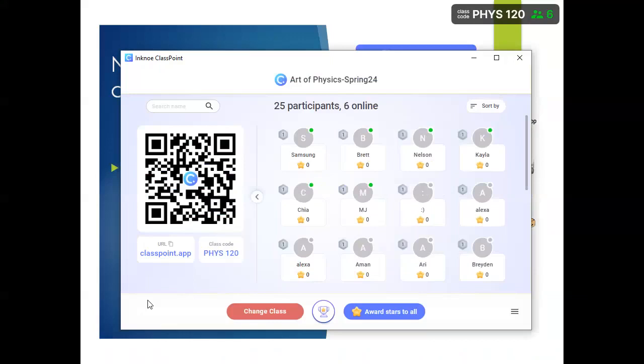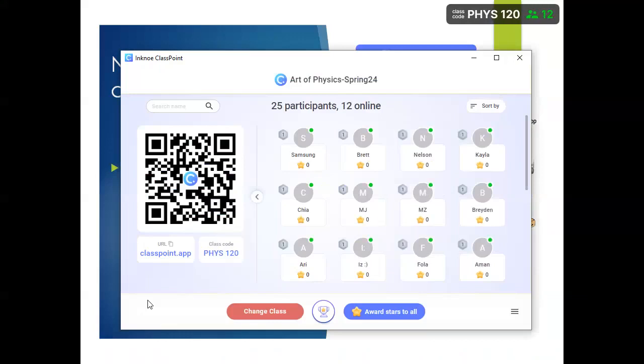Use the same username, because this class is the same class. If you already know your username, make sure to join with the same username that you used.